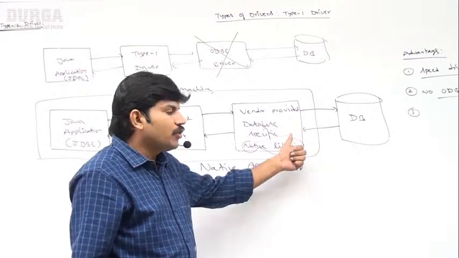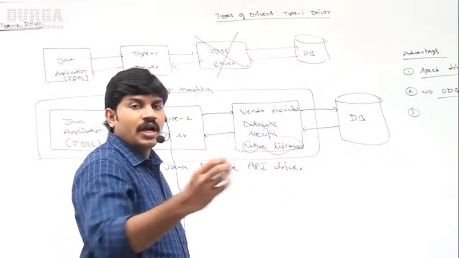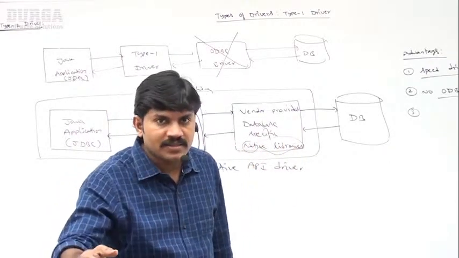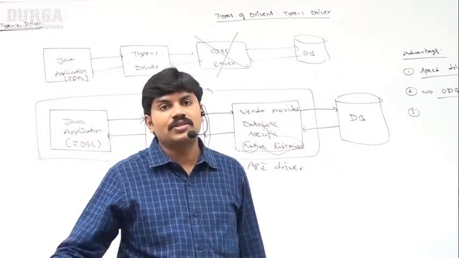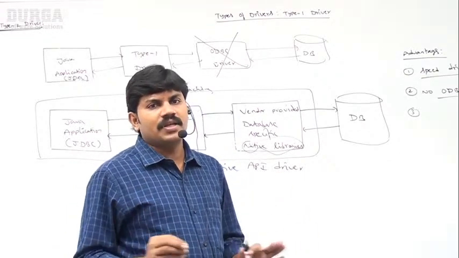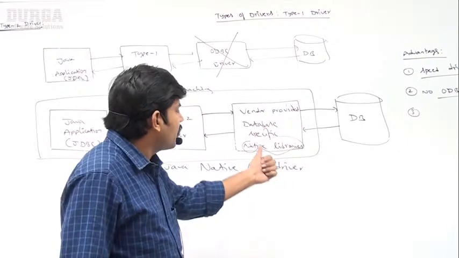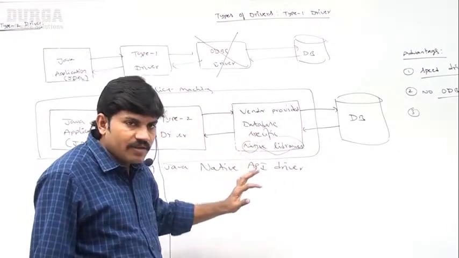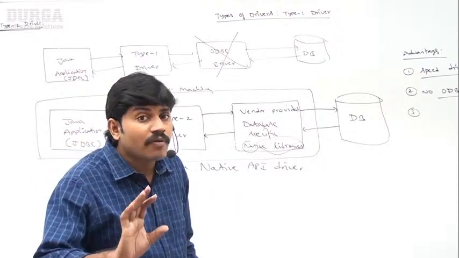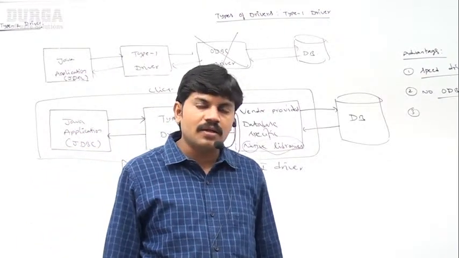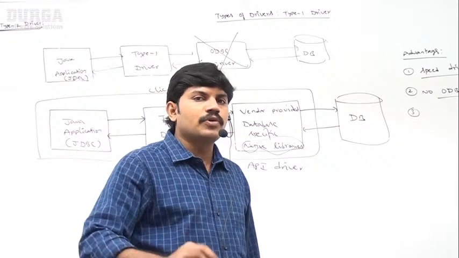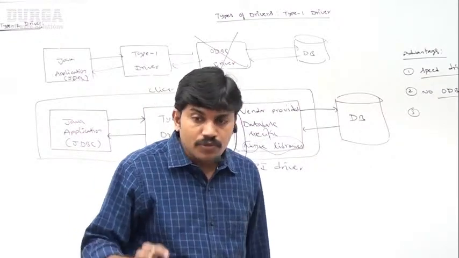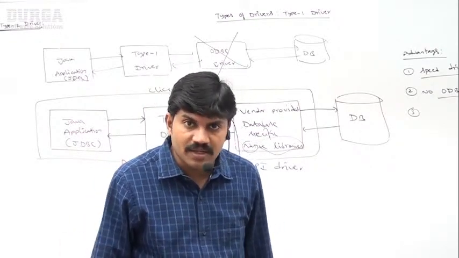But I can use a type 2 for Windows. I can use a separate type 2 for Linux. I can use a separate type 2 for Sun Solaris. Sir, the only difference is, of course, that I will use the corresponding native libraries. That's why this type 2 driver is not reserved only for Windows machines. If you want, you can take a separate type 2 for Linux, a separate type 2 for Sun Solaris, like that.